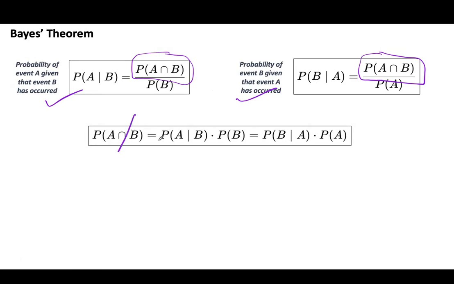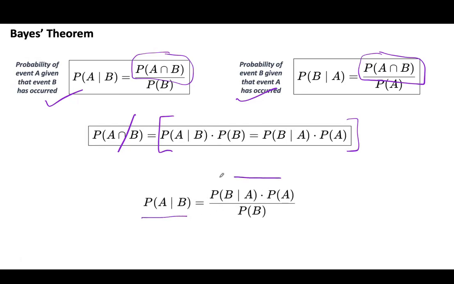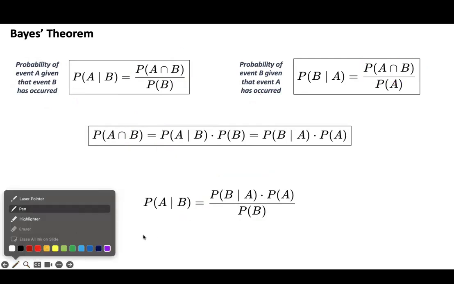And if we ignore this part, we are then left with this remaining expression. And if we again just move the terms here and there, we can actually come up with this expression, which does not use the intersection term, which was being used earlier. Now, this modified expression is the Bayes theorem, and it involves additional knowledge over and above the prior knowledge we have.